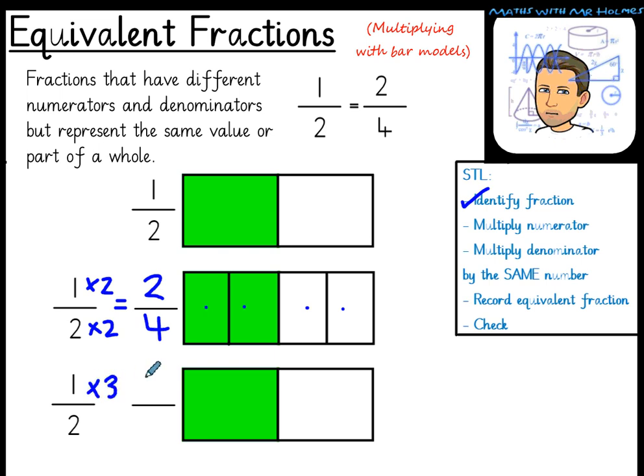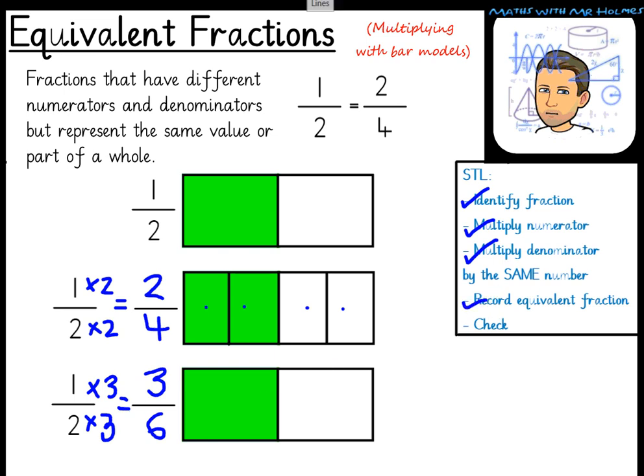And 1 times 3 is 3. We multiply the denominator by the same number. Times by 3 again. And 2 times 3 is 6. We record the equivalent fraction. 1/2 is equivalent to 3/6.